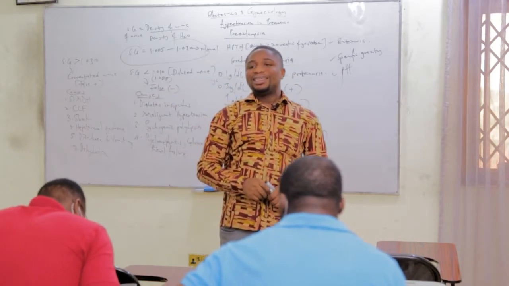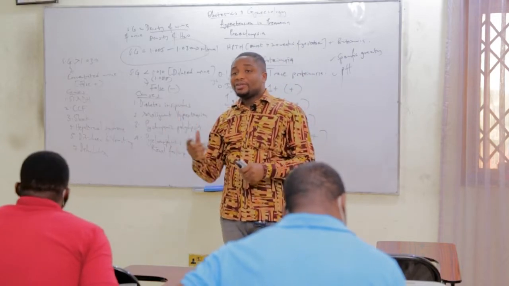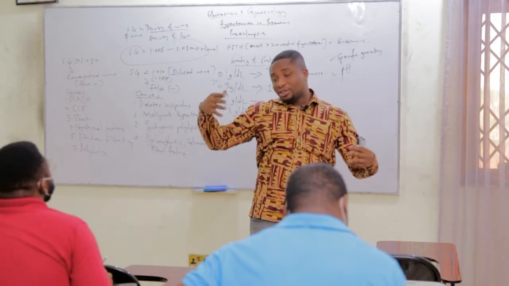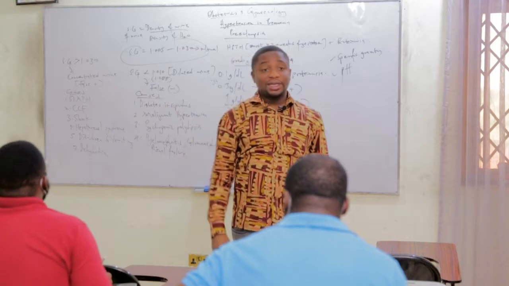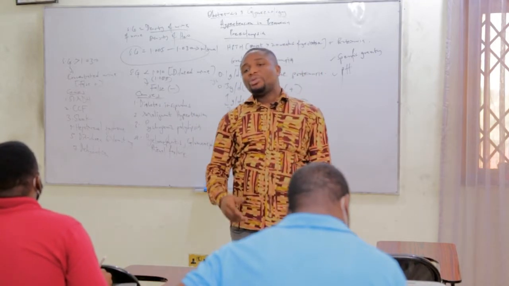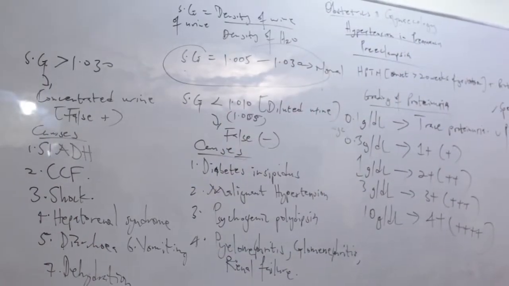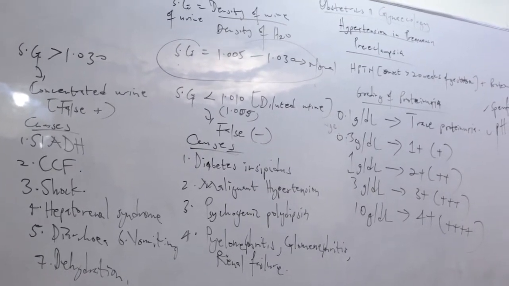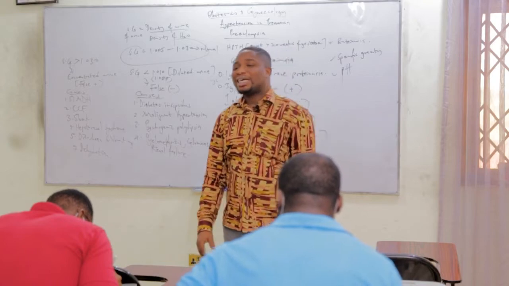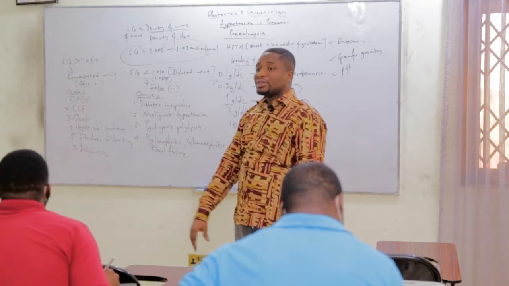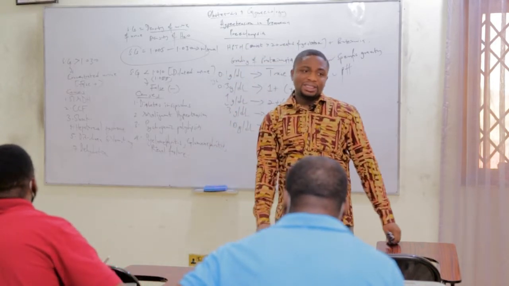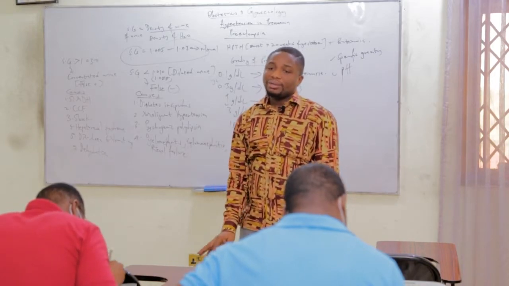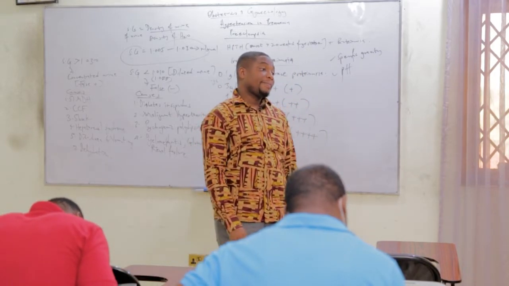Then you are going to have a false negative, and we made mention of conditions like psychogenic polydipsia, pyelonephritis, glomerulonephritis, renal failure, malignant hypertension, and also diabetes insipidus.